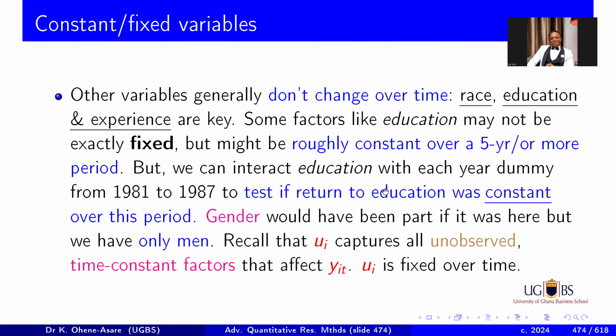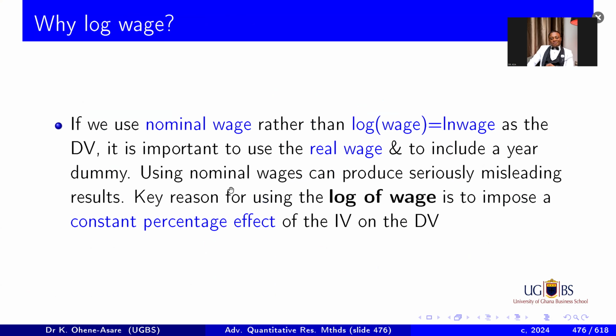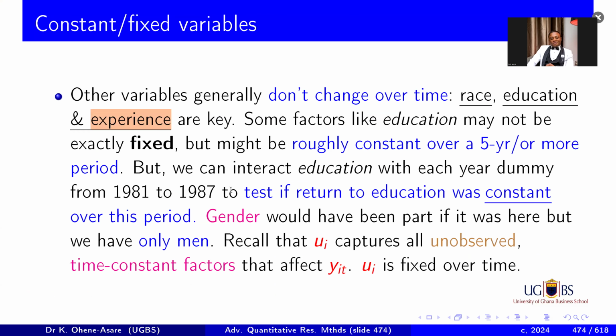That's one. The other variable that is said to be fixed over time is experience. And I think I told you why. Who can remind us of why we believe that experience may be fixed? You said it. Yes, you said that because every other person is getting experience at the end of the day.